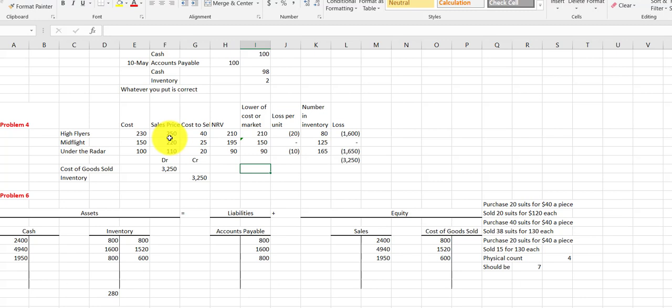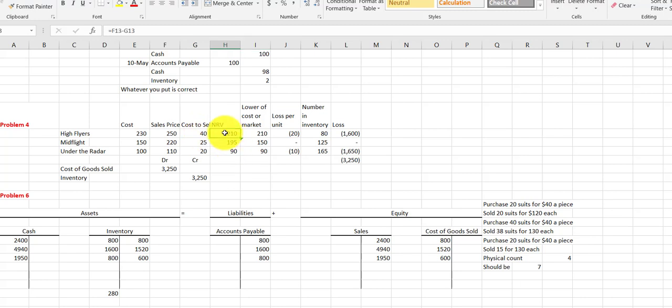We have what the new sales price is, not the original when we first thought we were going to sell this, but based on our new estimate, maybe at a bargain place or something like that. That sales price is going to be these numbers, and the cost to sell would be the cost of shipping or repackaging or something like that to get it to sell at this discount place.